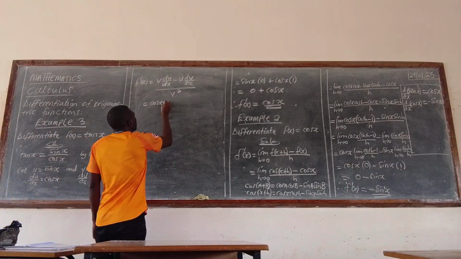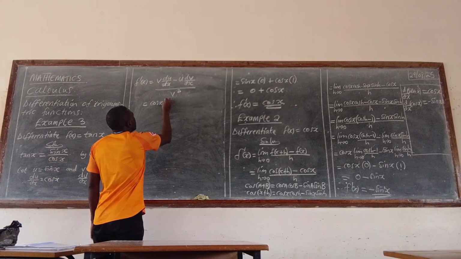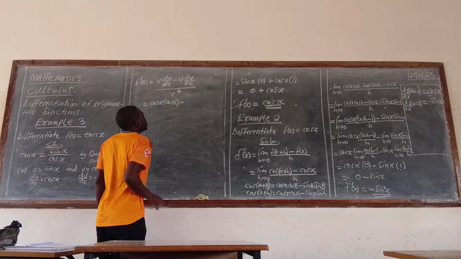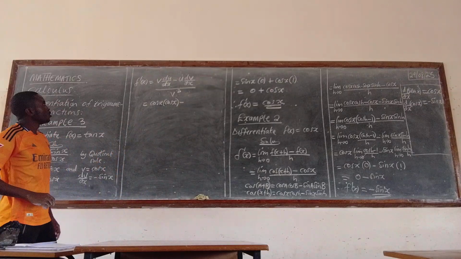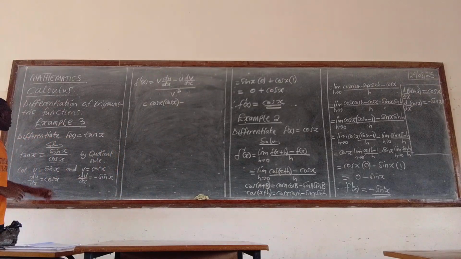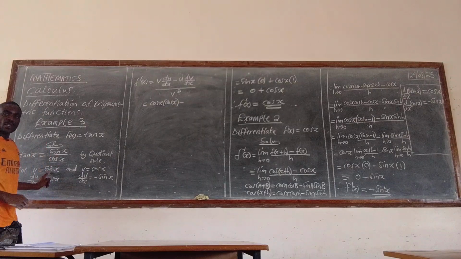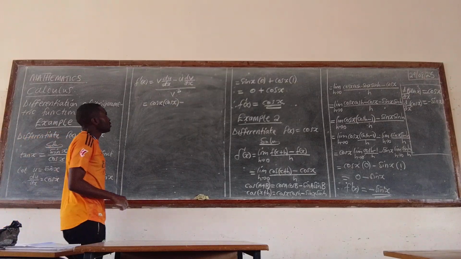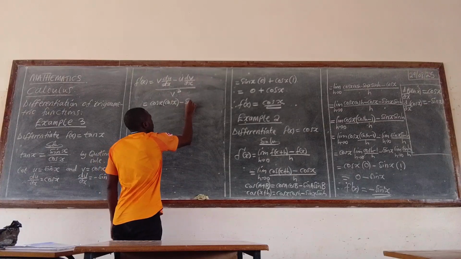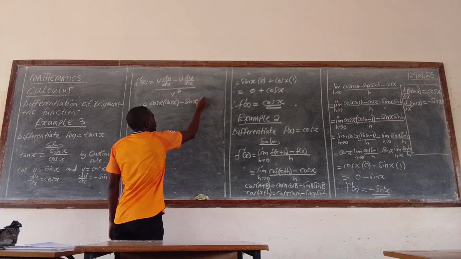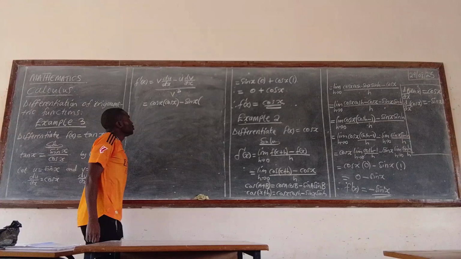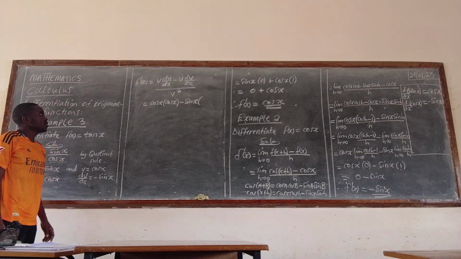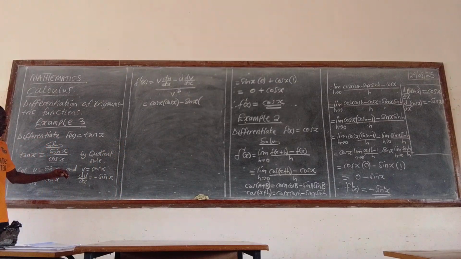So we multiply this, we use brackets here, cos x minus, we keep u constant, which is sine x, then multiplied by dv dx.